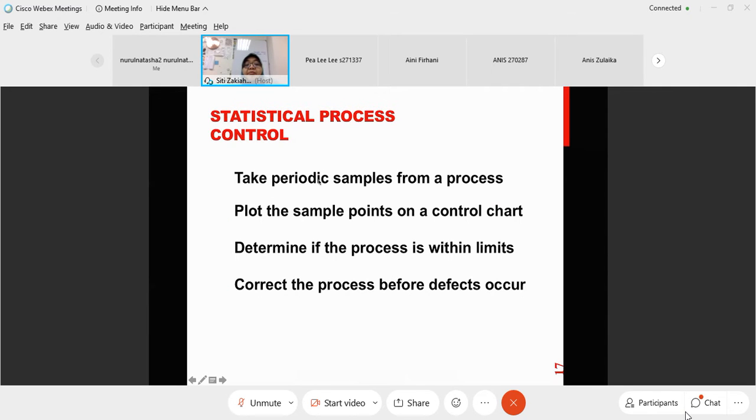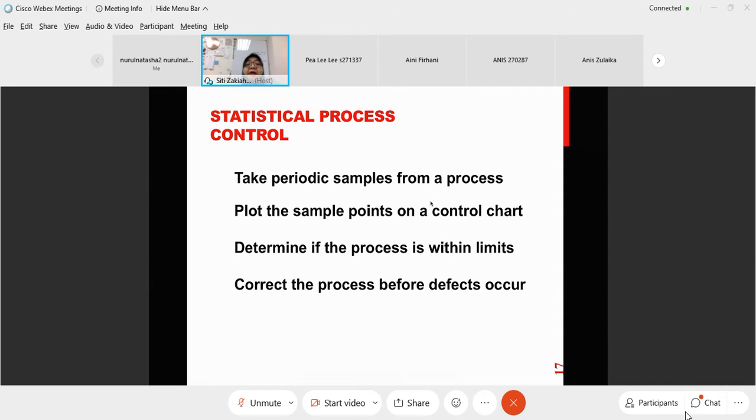Okay, first, what do they do? Take periodic samples from a process. Let's say the process takes one day to complete. So you take periodic samples. Maybe you take a sample at 8 in the morning, then again at 10, at 12, or every 3 hours.